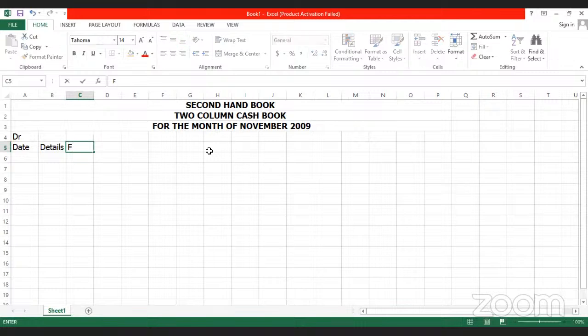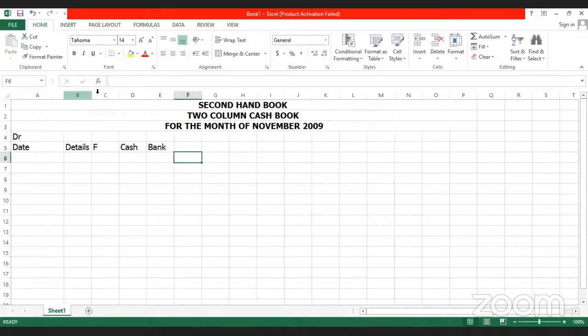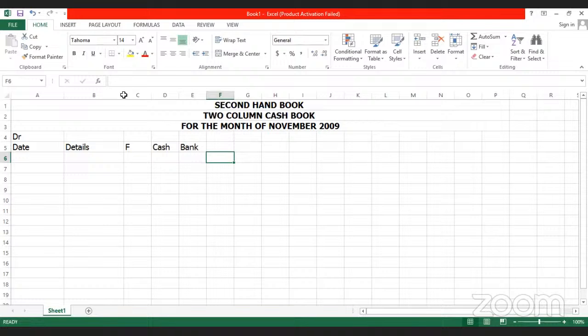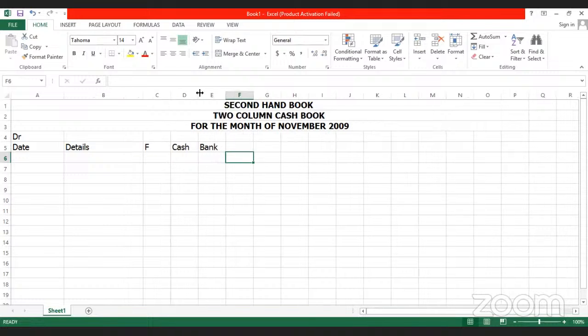Being that it's a two-column cash book, you will need a column for cash, and then bank. These are the columns which you have.